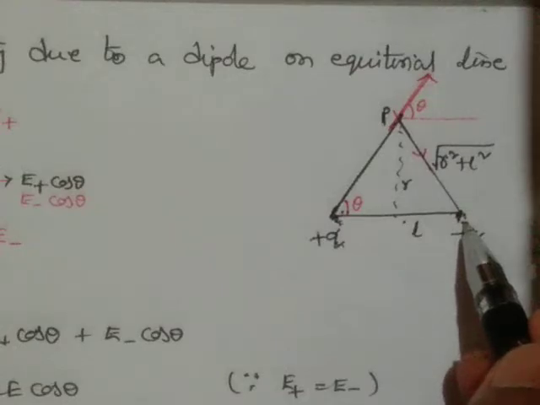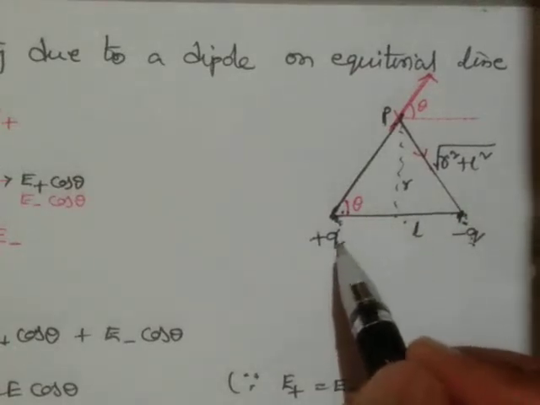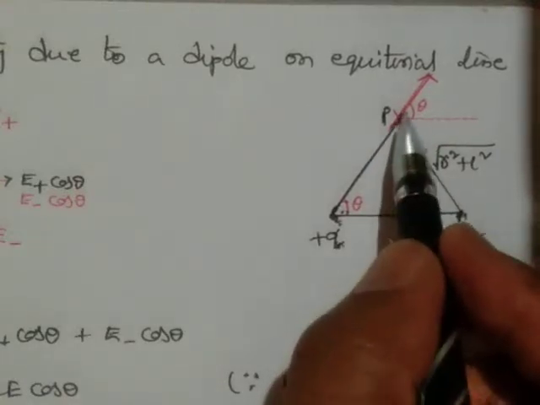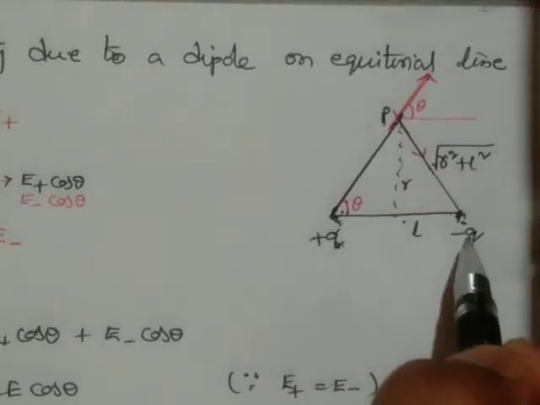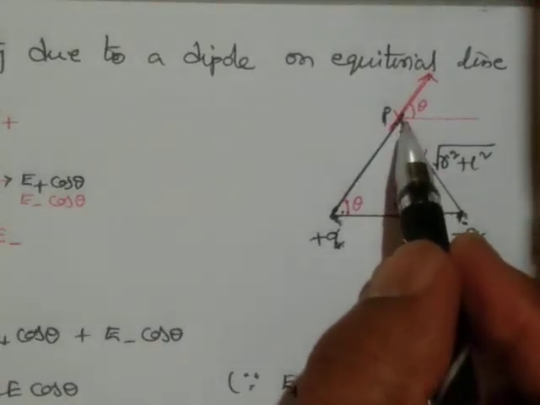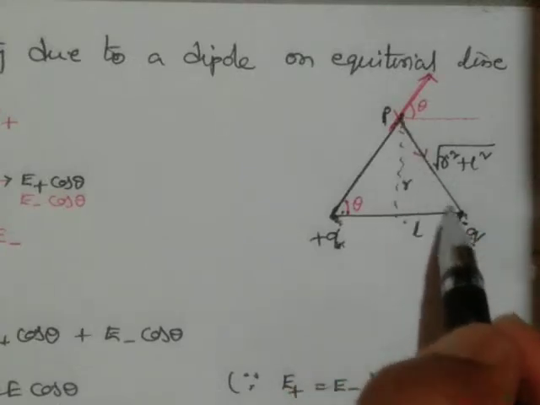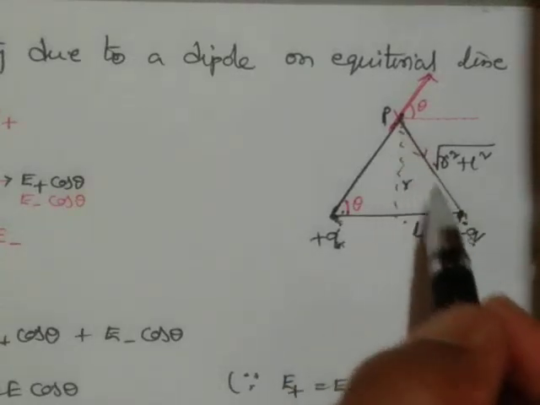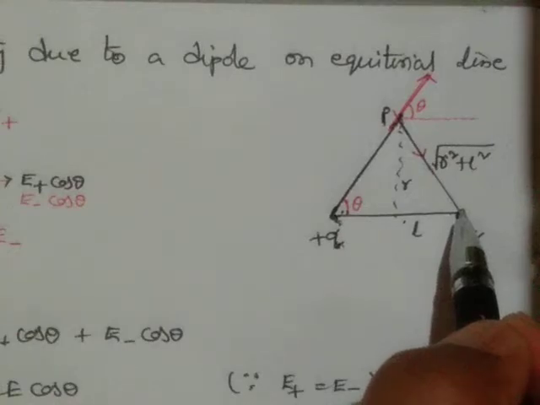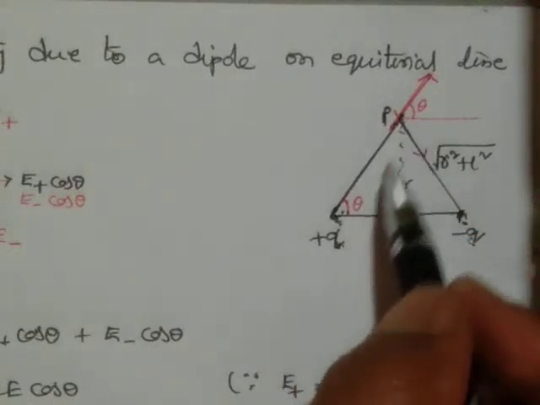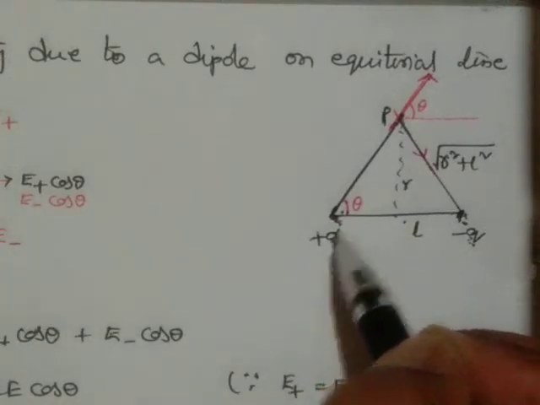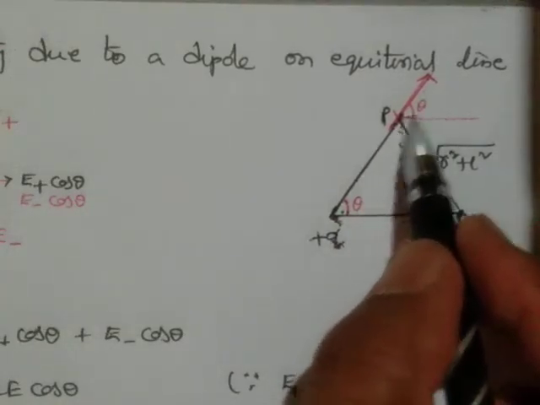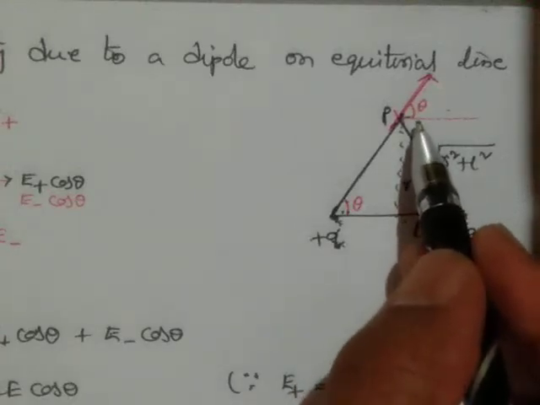For that purpose, we can take the field intensity due to the positive charge at point P as radially outwards, right? Due to the negative charge, the field intensity lines are towards the charge, radially inwards. Here I am considering the position vector of the point from the plus charge at point P making an angle theta with the horizontal.